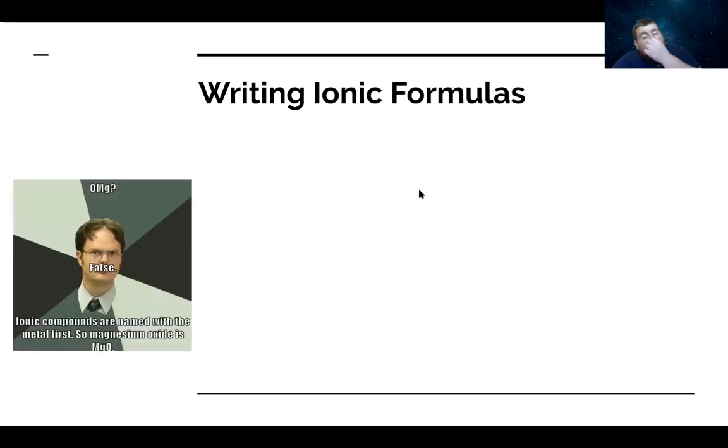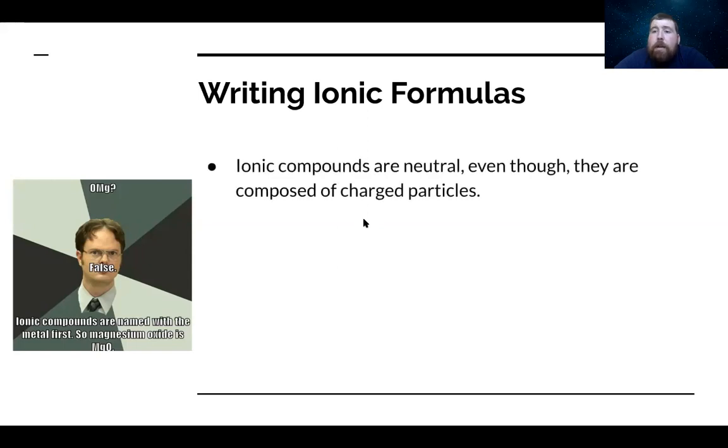Remember, an ionic compound is a chemical that is composed of a metal and a nonmetal, specifically a positively and a negatively charged ion. Opposite charges attract, so bringing these together is based on Coulomb's law, the attractive force between oppositely charged ions. Even though ionic compounds are composed of charged particles, the ionic compounds themselves are neutral.